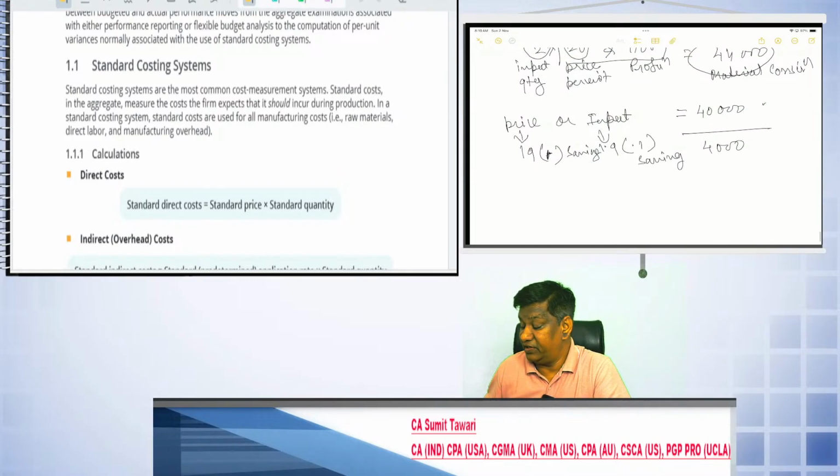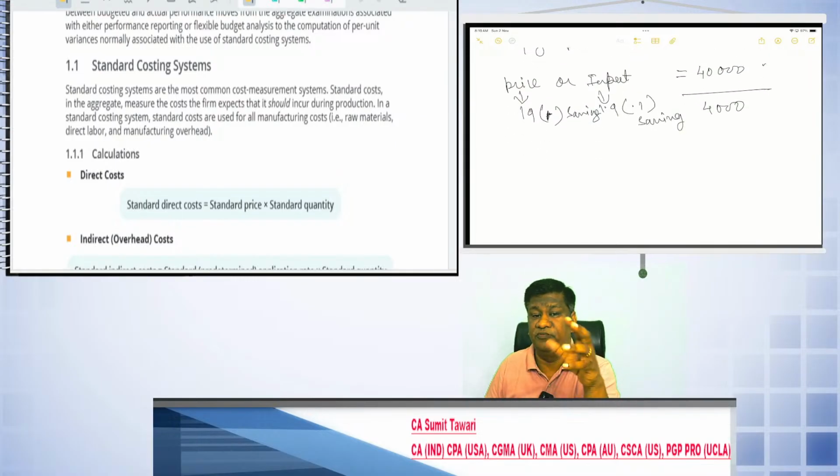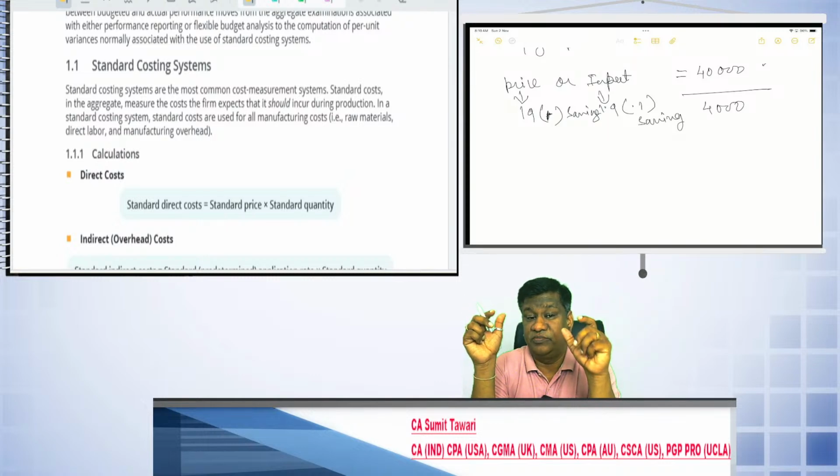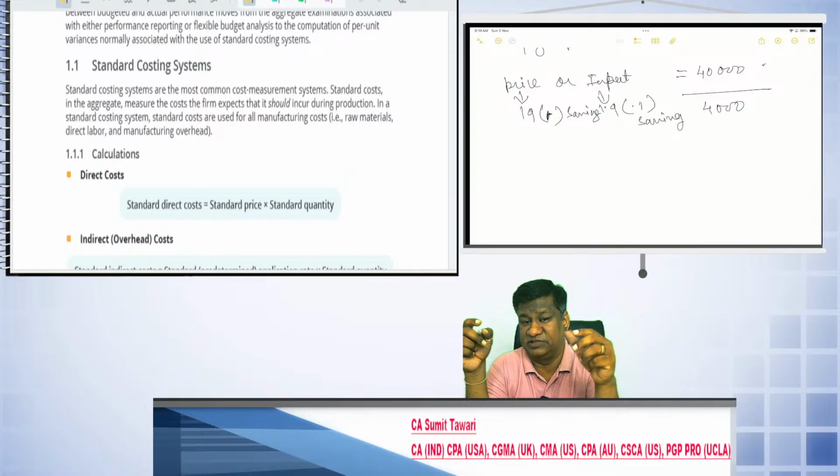Why are we calculating this? Because we should know that my budget is 44,000, but my actual material consumption is 40,000. So the 4,000 saving which I got may be because either I used less quantity or I purchased at a lesser price.